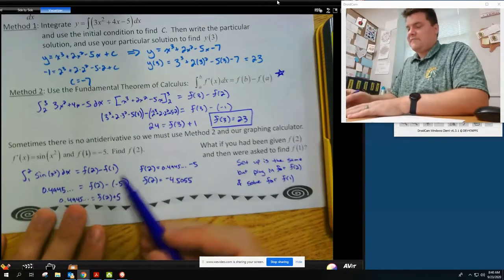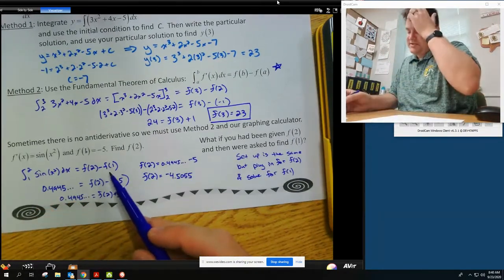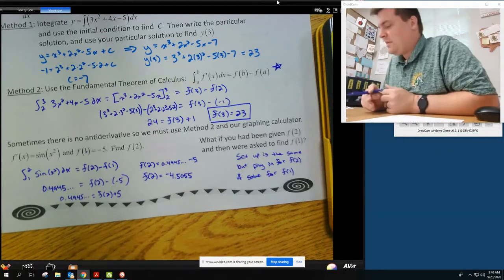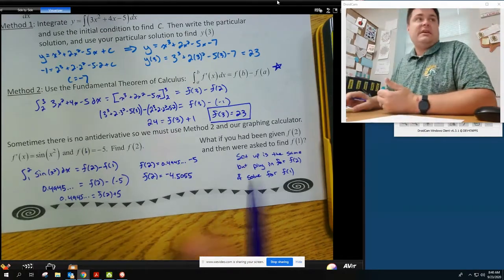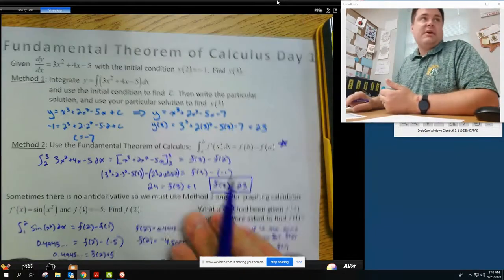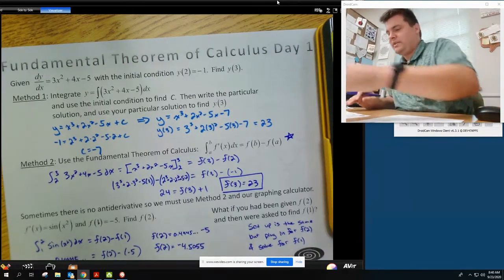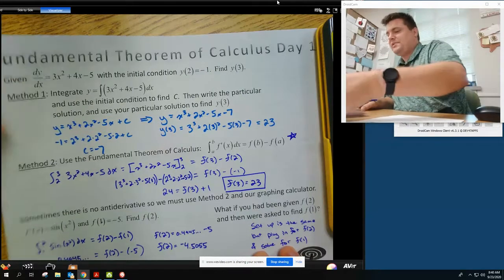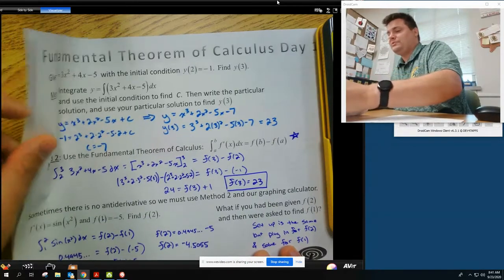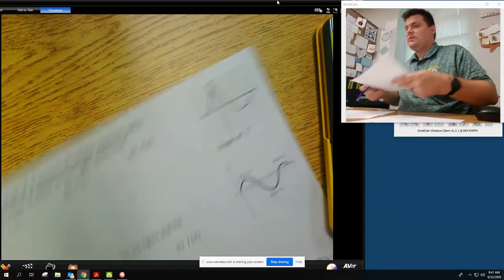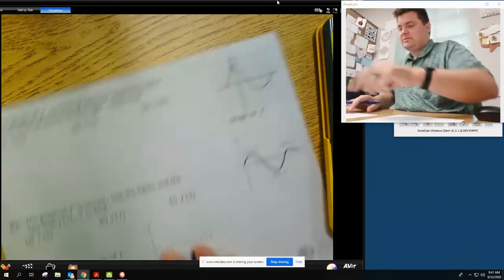So if you're solving for f of 1, you're just going to need to do an extra step, and that's really it because it's minus f of 1. Okay, so that really is, in a nutshell, the fundamental theorem of calculus, using it to our advantage, especially on these problems where we're given a calculator, and you'll see it in a moment when we're given a graph or a table. It's also pretty convenient to do it this way as well.